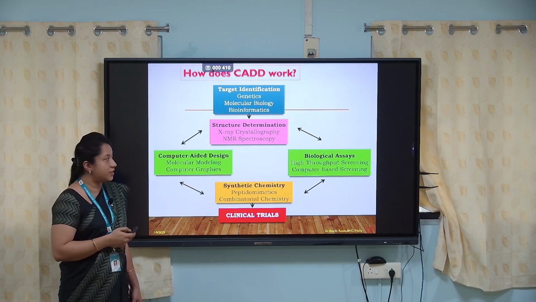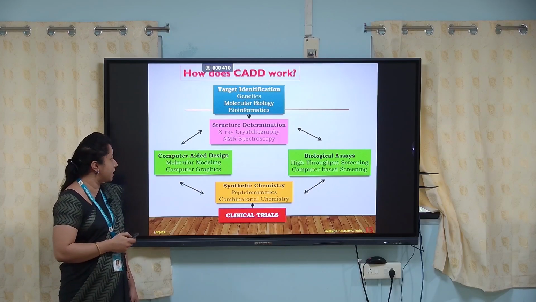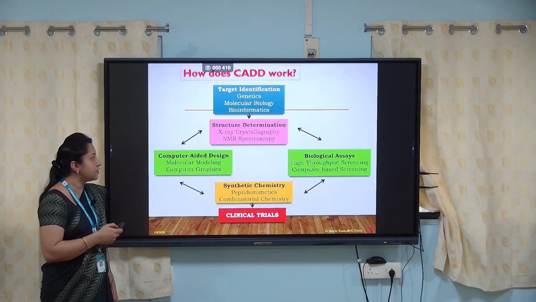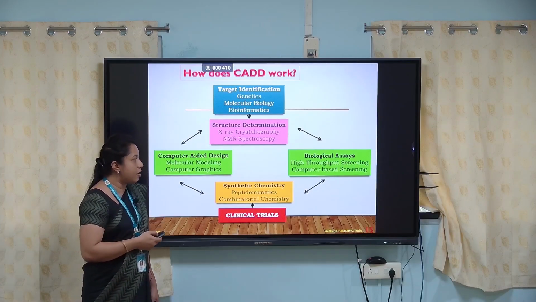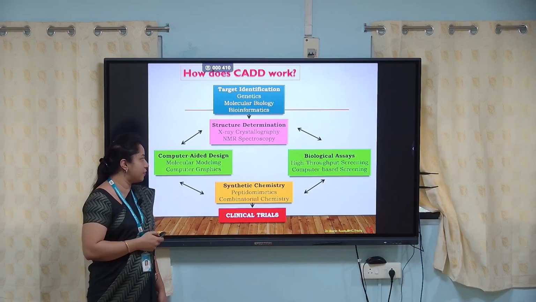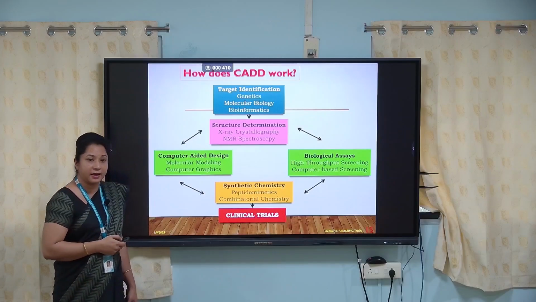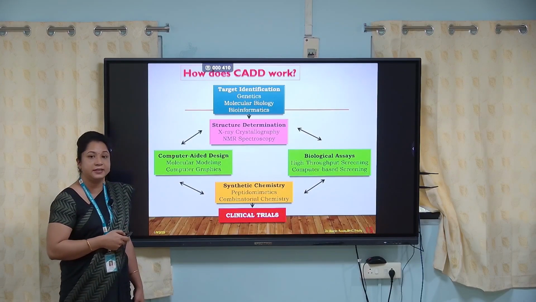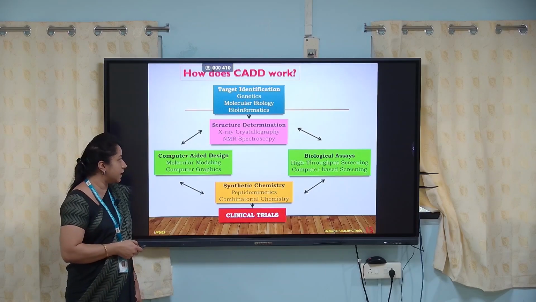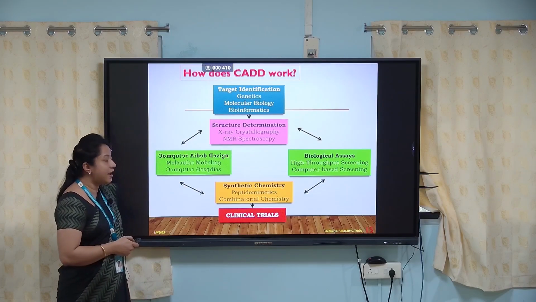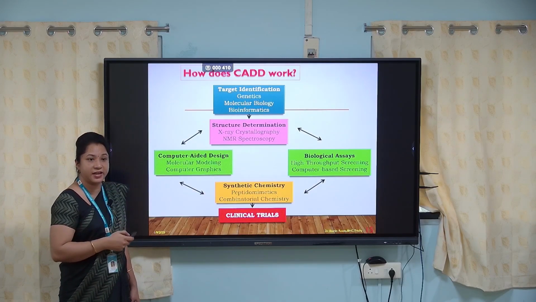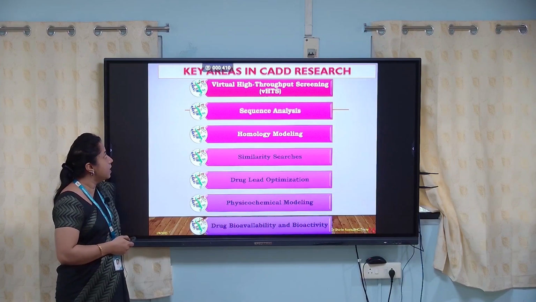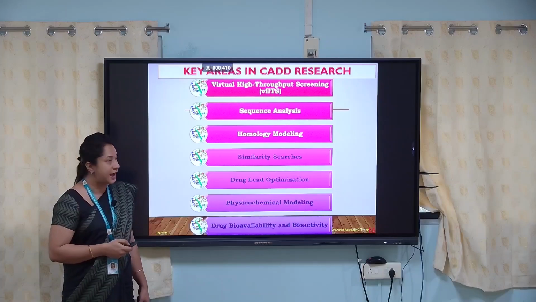The structure determination can be confirmed with X-ray crystallography and NMR, and through various computer-aided modeling tools, we can design the drug, and the biological assays can be performed with the help of computer-based screening, and the chemical drugs with the help of combinatorial chemistry, and finally these drug targets can be put into the clinical trials phase. The only way we can come through this process in an easier and efficient manner is with the help of computer-aided drug designing. So these are the key areas in CAD research.